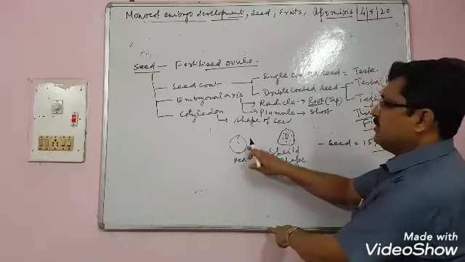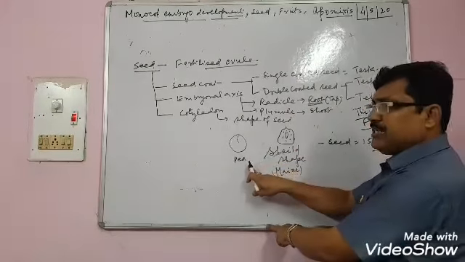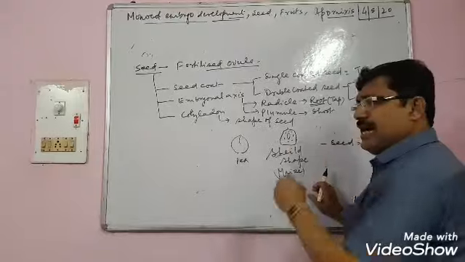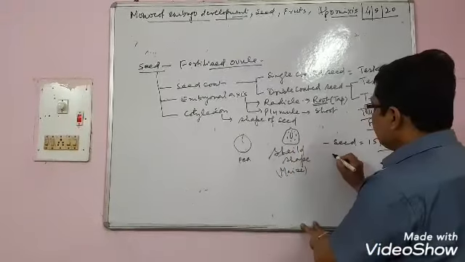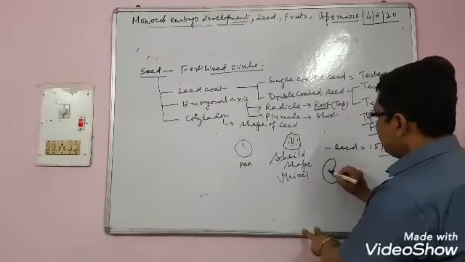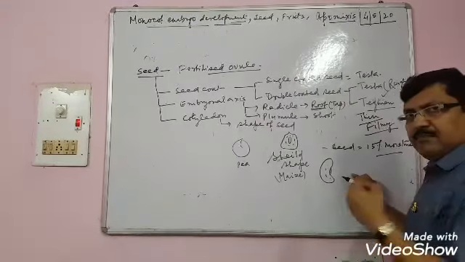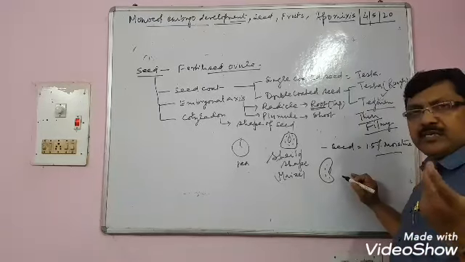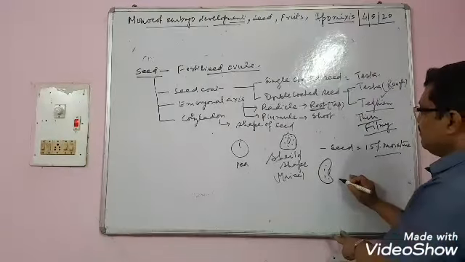In the case of maize, and spherical in the case of pea, and bean, like the Dolichos lablab seed, which is bean shaped.